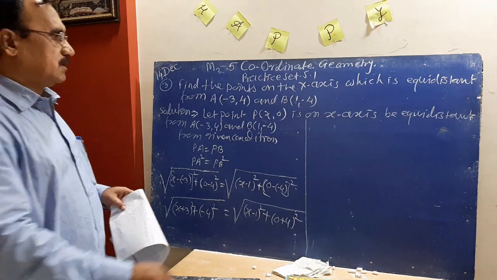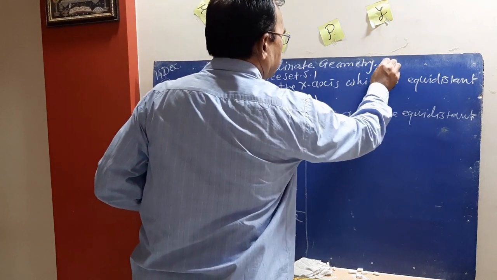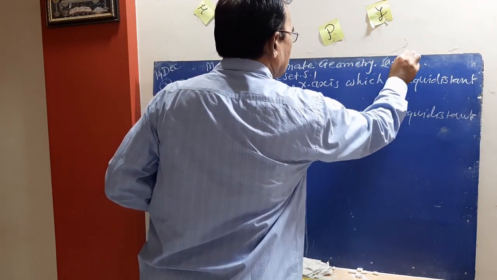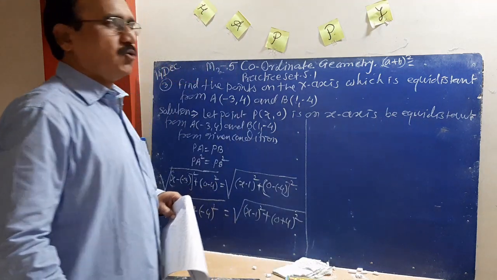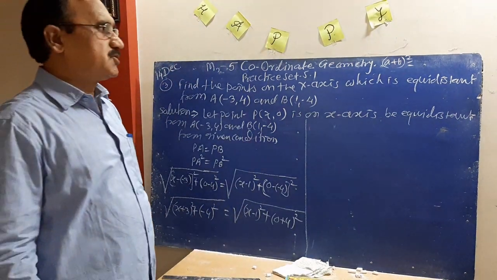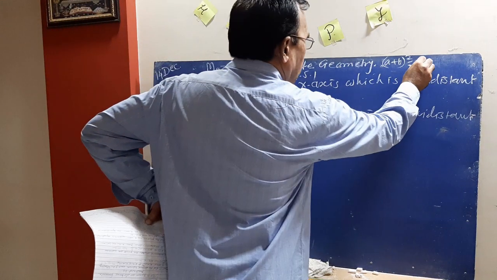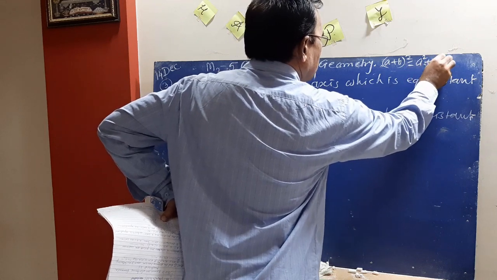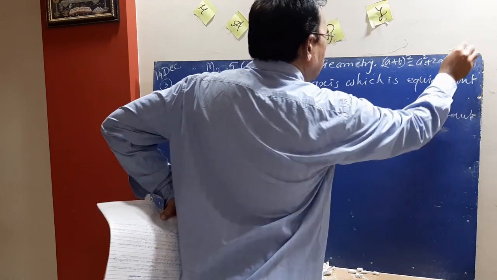You know this expansion formula: (a plus b) bracket square is equal to a square plus 2ab plus b square.